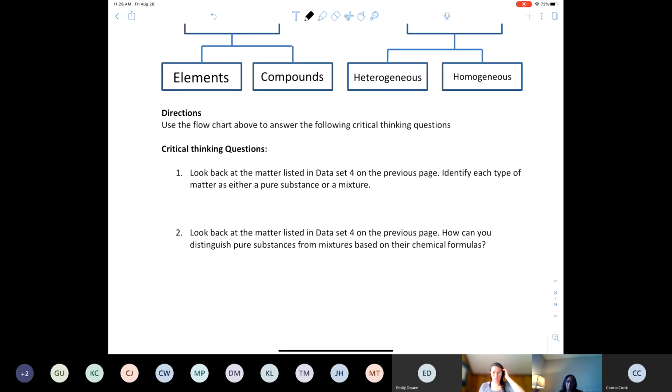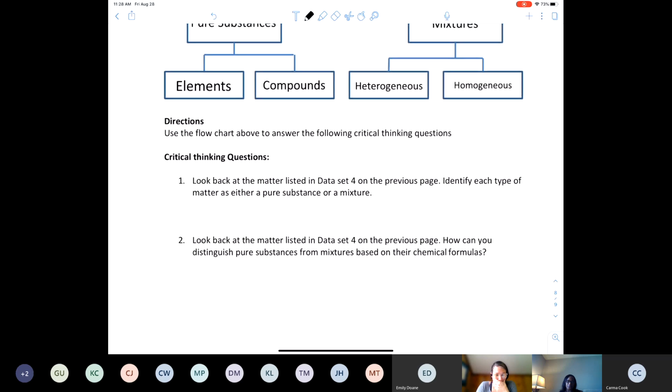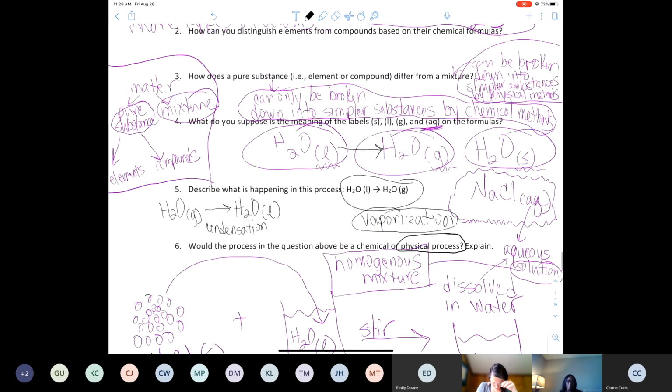Looking back on the matter listed in data set 4 on the previous page, identify each type of matter as either a pure substance or a mixture.